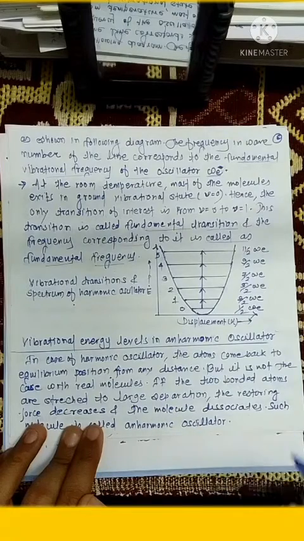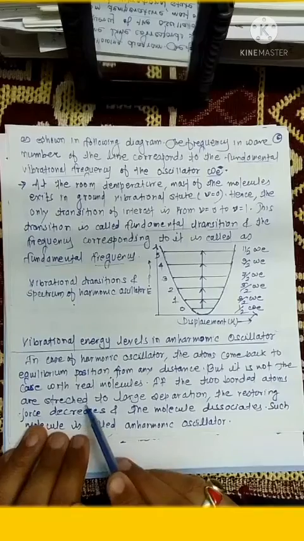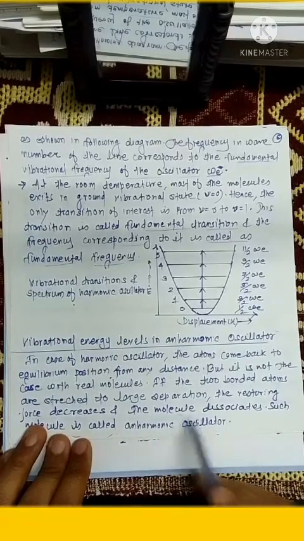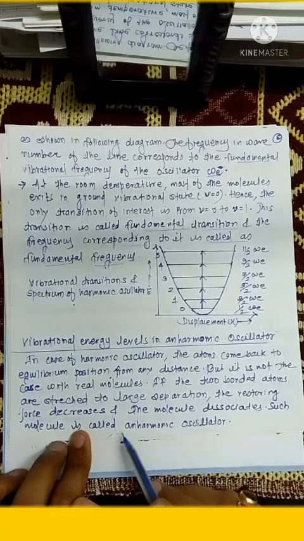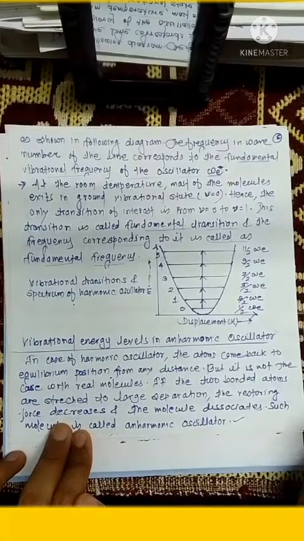So what difference does it make? If the two bonded atoms are stretched to the last separation, the restoring force decreases and the molecule dissociates. Such a molecule is called an anharmonic oscillator.